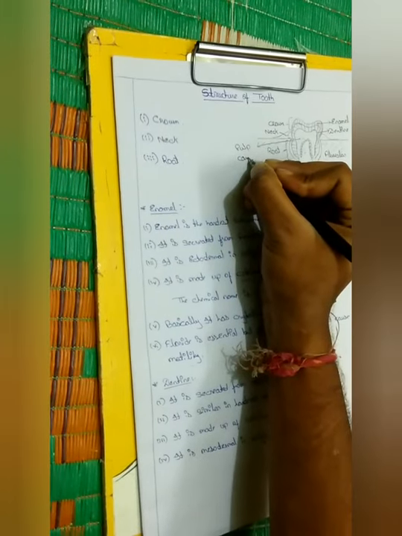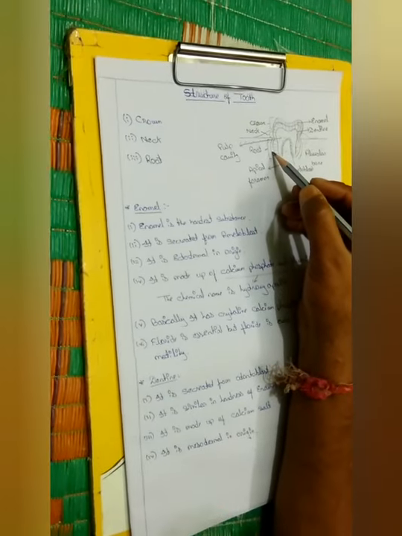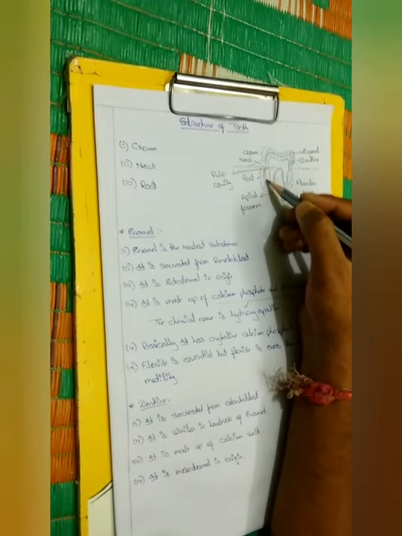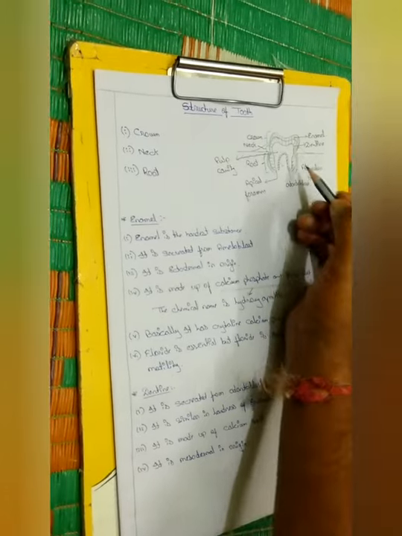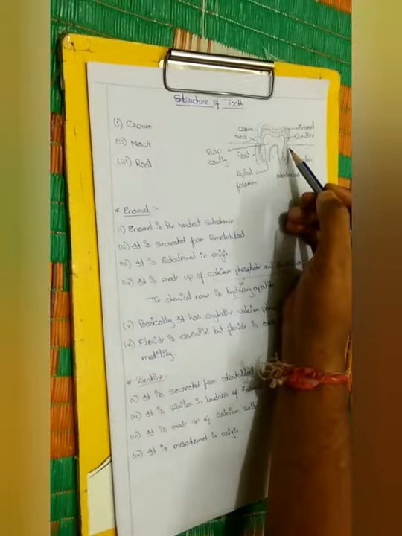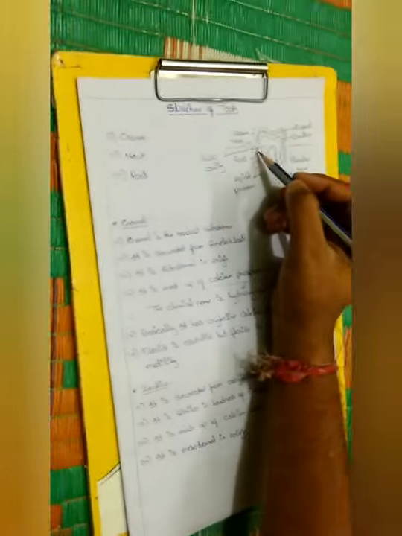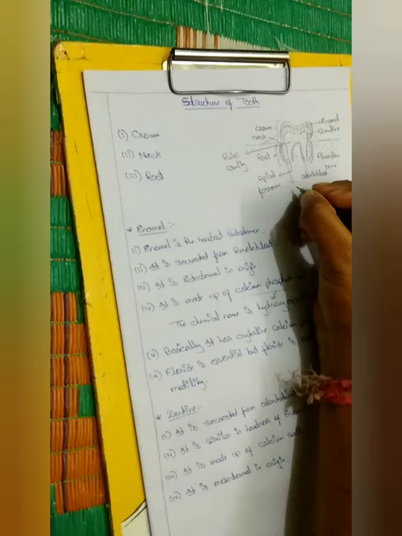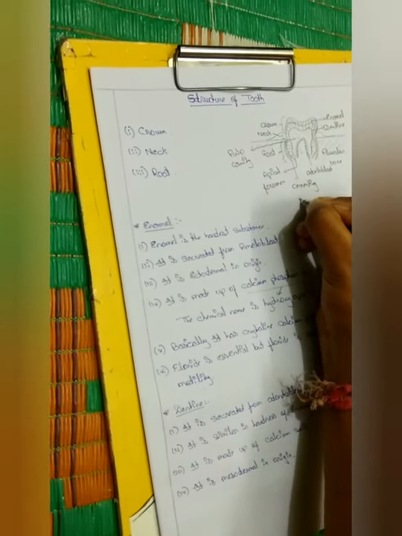And this space, where the tooth and the bone join, is called the cementing layer.